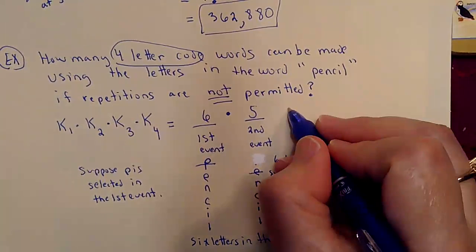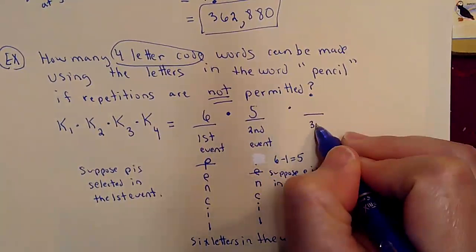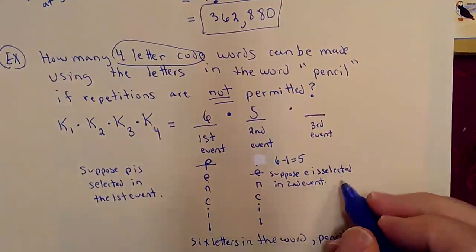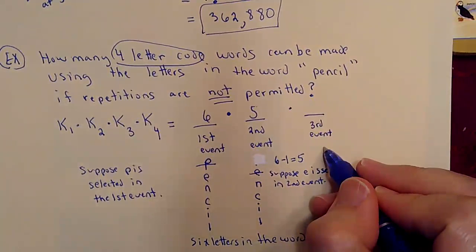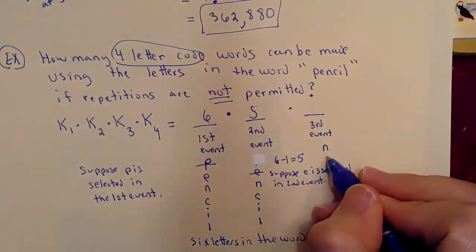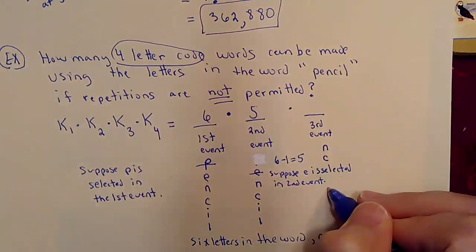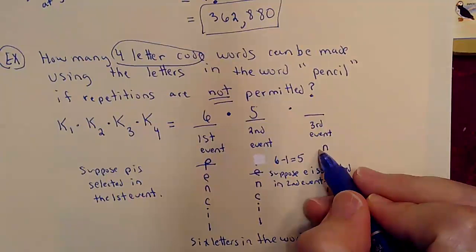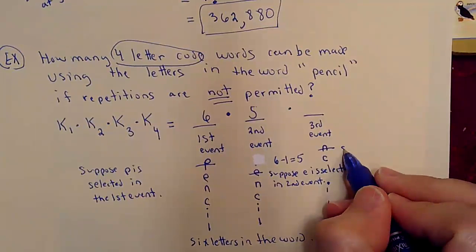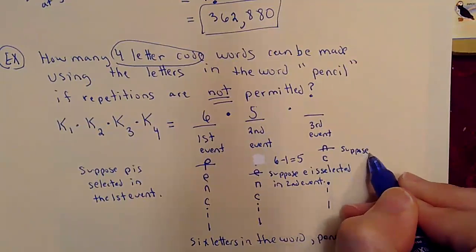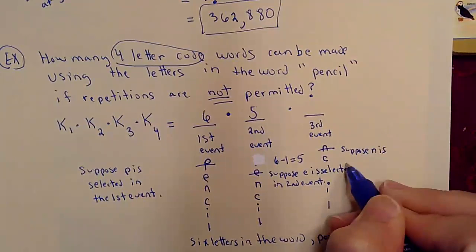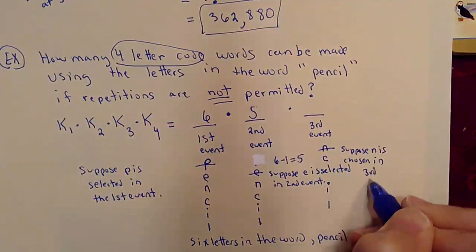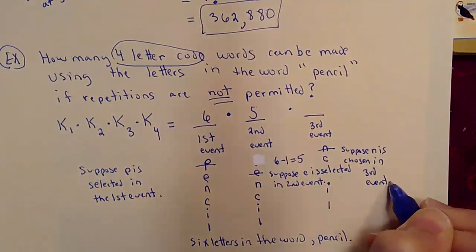So now we have the third event. So now I'm left with NCIL. So let's suppose N is chosen in the third event.